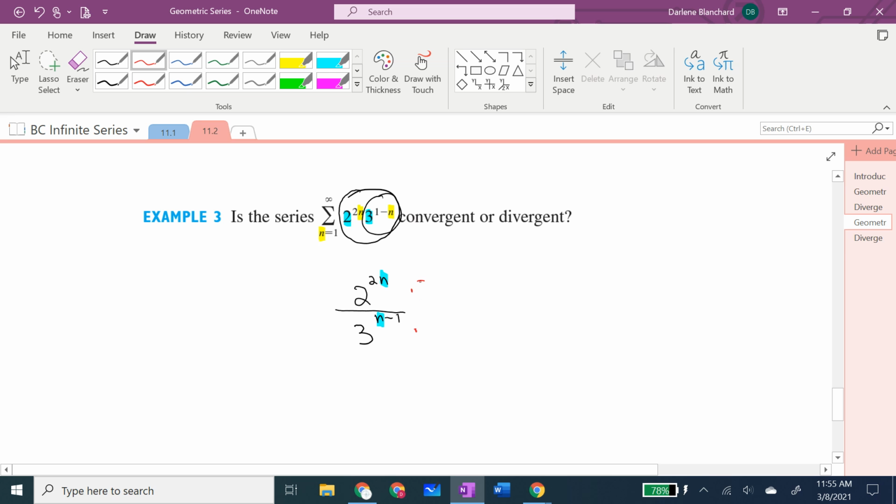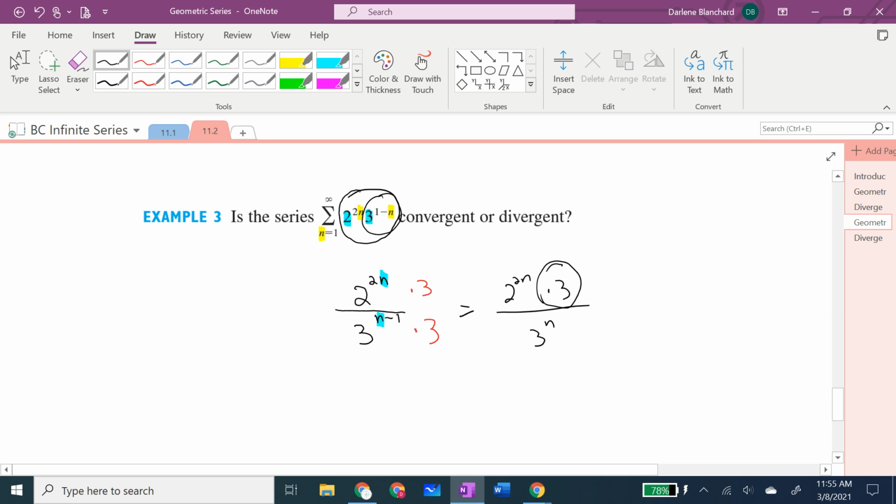Because all that's doing, you can multiply the top and the bottom of the fraction by 3, and then you can see exactly that 3 is what is to the n power. That -1 is not affecting the r, it's affecting the first term.